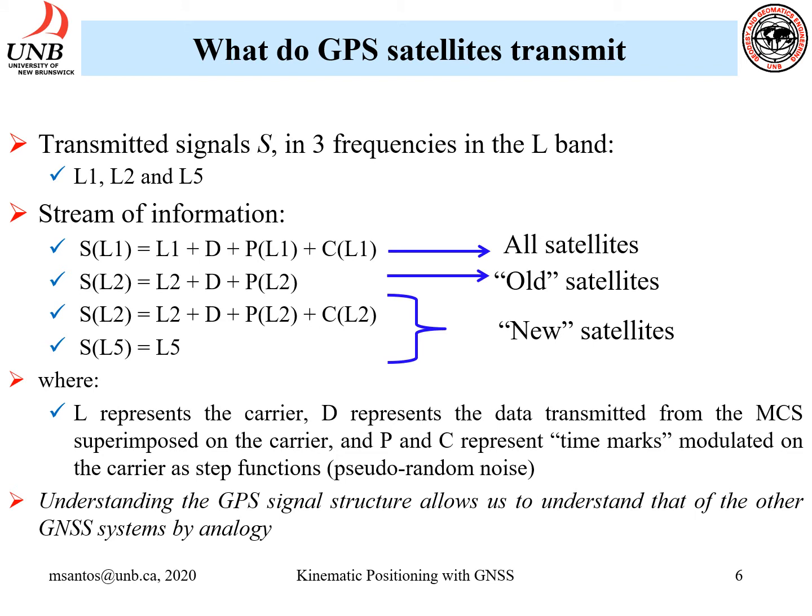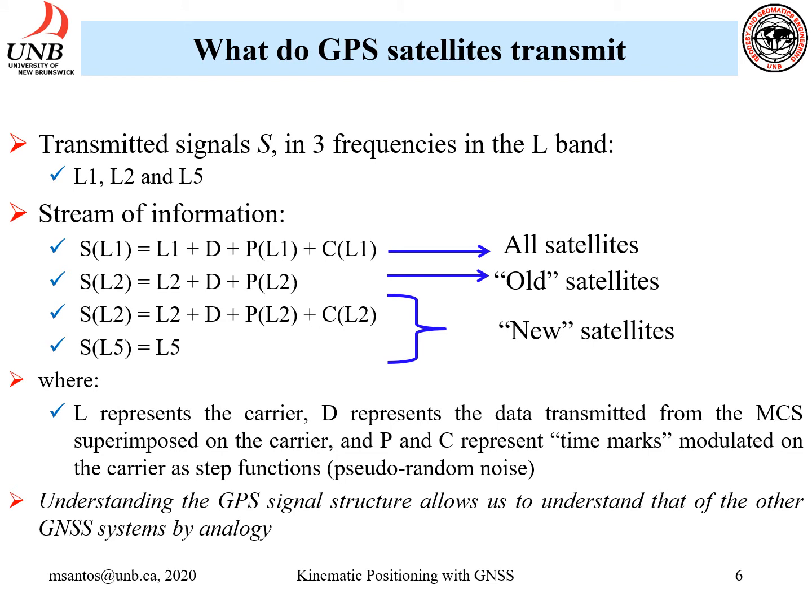What we have then is that all satellites transmit this signal L1, which contains carrier L1, the stream of data, and the pseudorange P and pseudorange C or CA. Older satellites would not transmit the C pseudorange, only the P. Now, new satellites all started transmitting a new C code or CA code, which is L2.